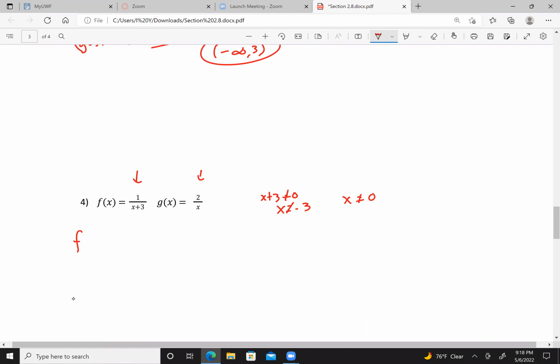So looking at the composite of f and g of x, we have 1 over 2 over x plus 3.